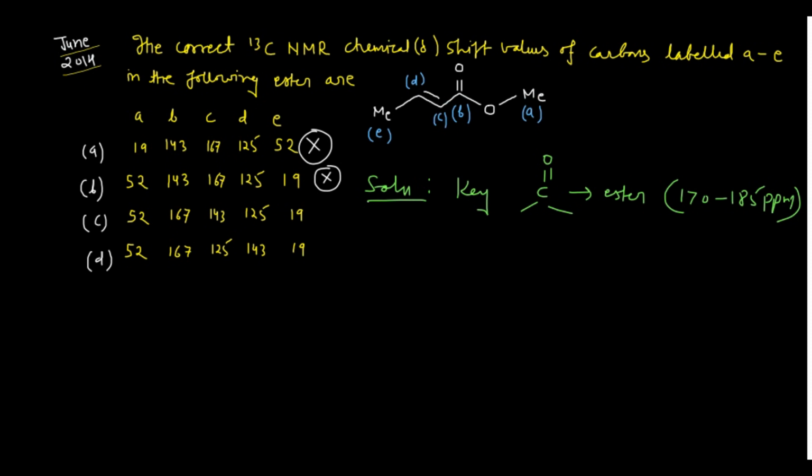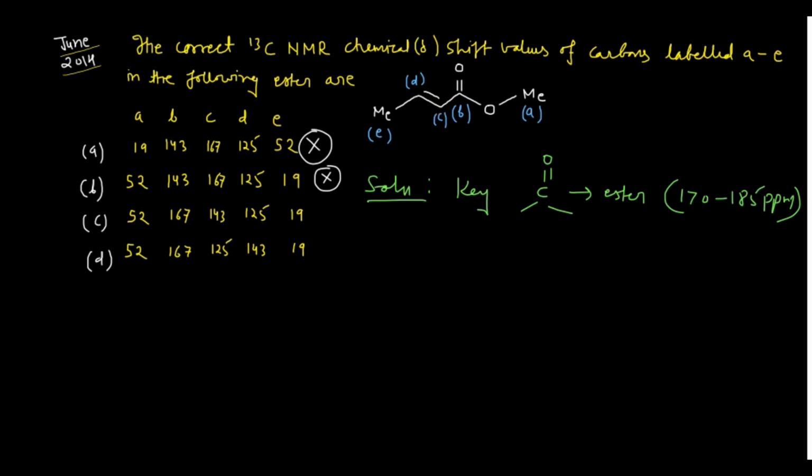But what we can do is focus here. This is your alkene carbon, right? In option C, this carbon is the alkene carbon, and this carbon basically is highly shielded, so it should actually be upfield. So we have to look for the position of this particular carbon, whether it is upfield or not.